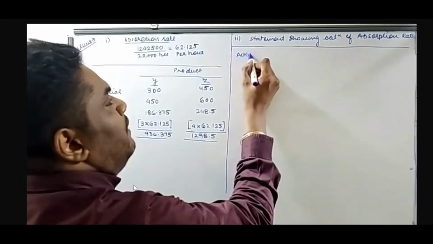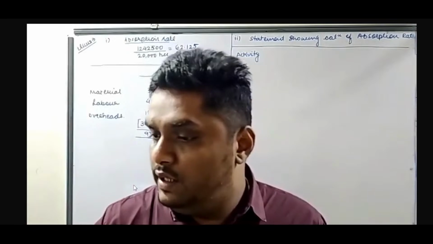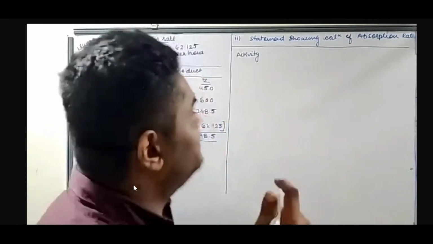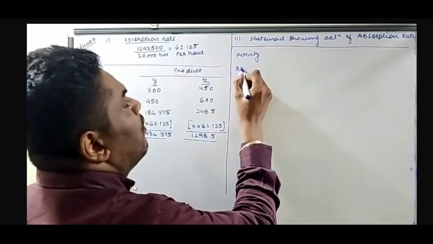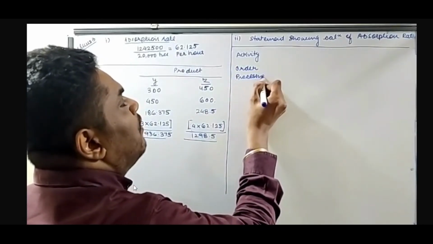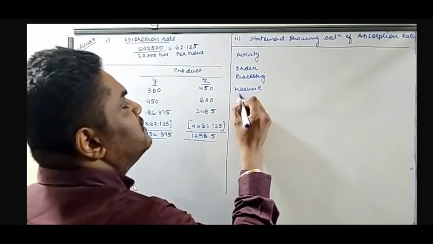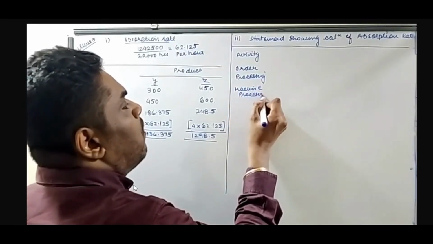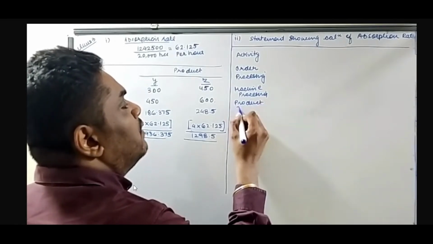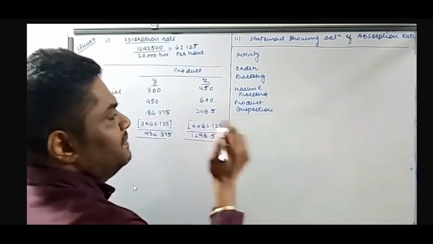The first column is activity, what all activities are involved. There are 3 activities: order processing, machine processing, and product inspection.